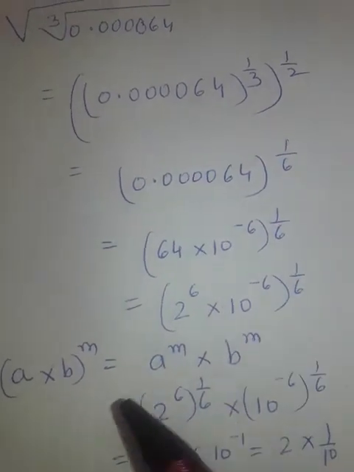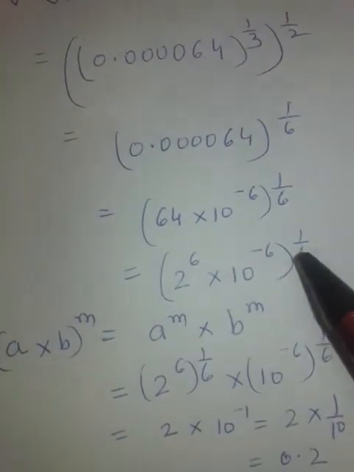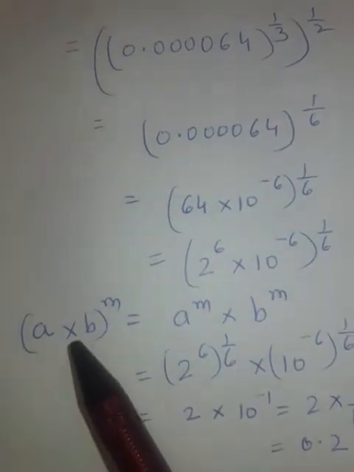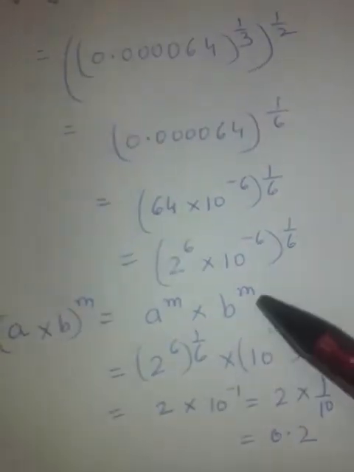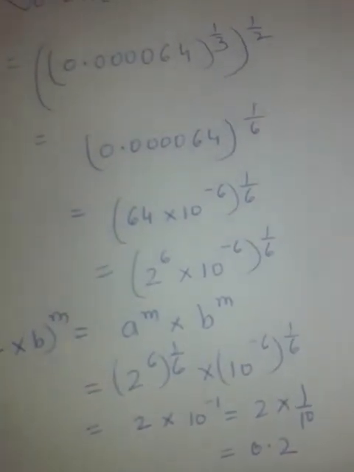Again, a very important concept. When we expand, this base also takes this index and this base also takes this index. Look here. So we have used here this rule of expansion and we have solved it.